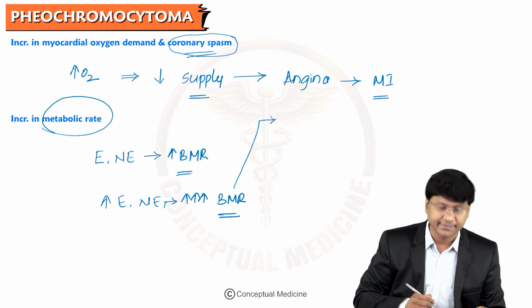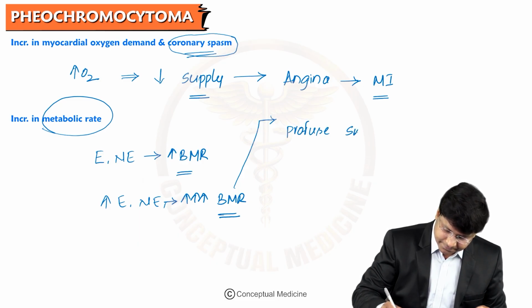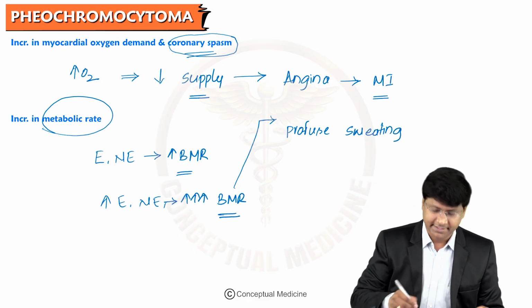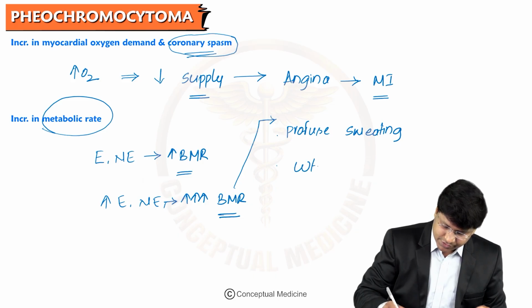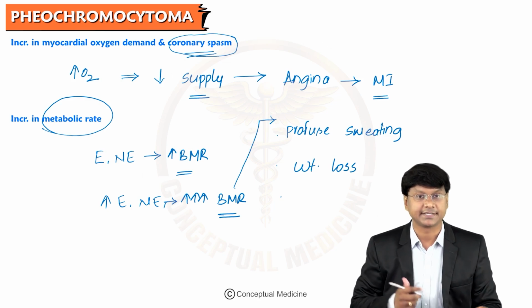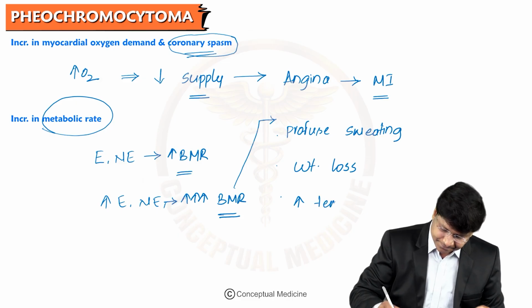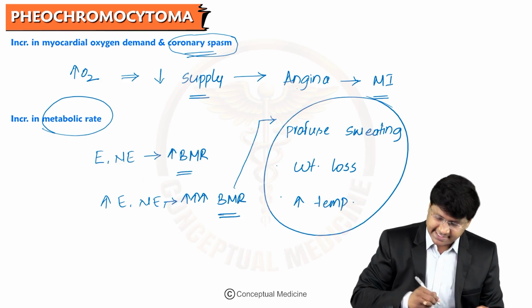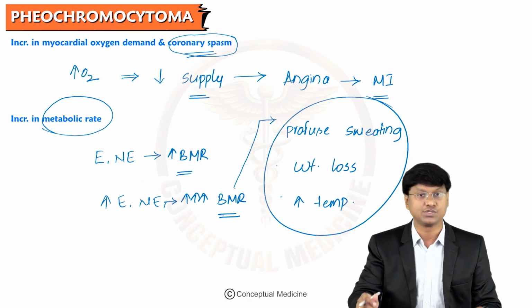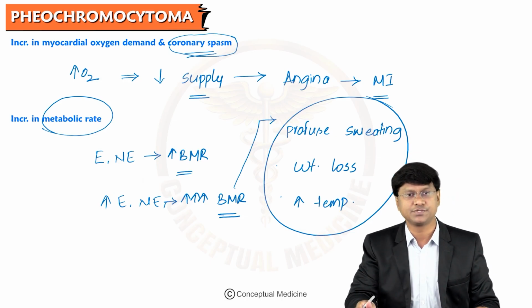Because of this, the individual will have profuse sweating, and apart from that, there will be weight loss. That is another important feature of the excessive metabolic rate. Okay, and then increased body temperature. So these are the features you will have because of the increase in metabolic rate in patients with pheochromocytoma.